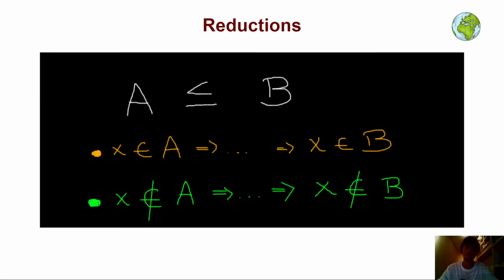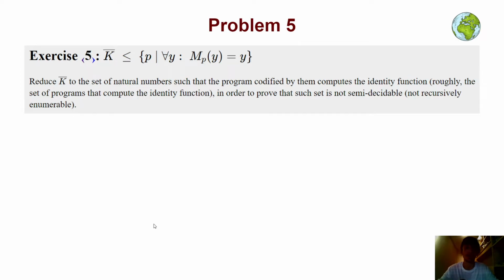So we need to give the reduction function so that we can come from the complementary K problem to this new one that we will call the problem P. Keep in mind that the idea of this problem P is basically each element P, each natural number P, such that for each input that we may have on the Turing machine P, the output of this Turing machine is going to be the same as the input.